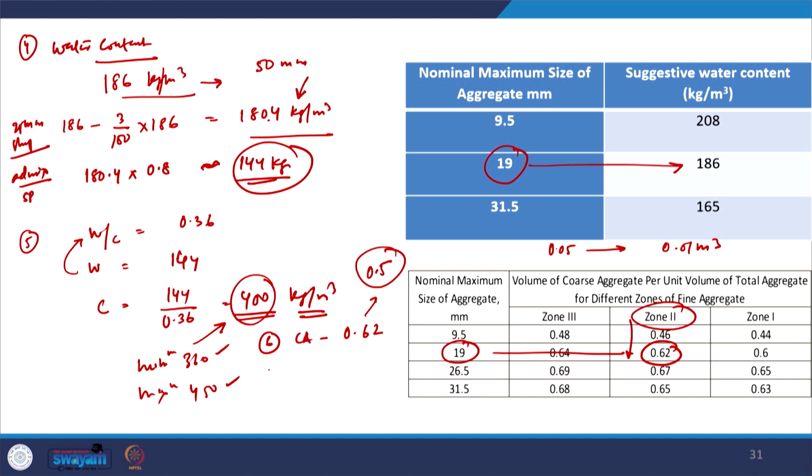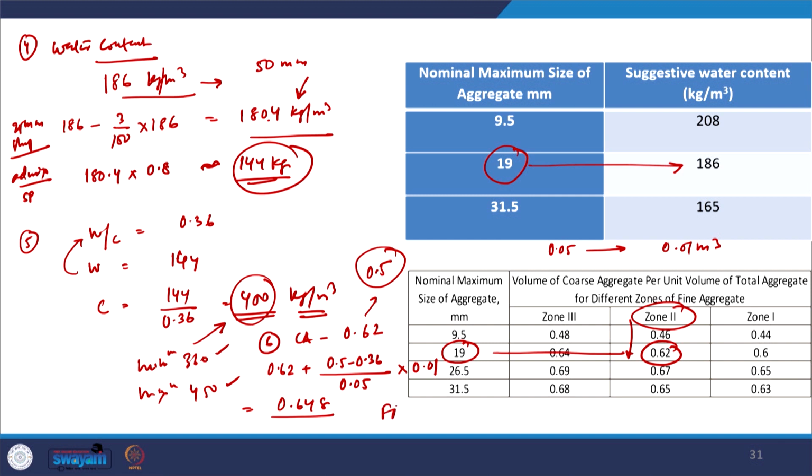So, this will be equal to 0.62 plus (0.5 minus 0.36) divided by 0.05 into 0.01. Okay. So, if we do this calculation, you get the value as 0.648, which means 64.8% by volume of total aggregate will be coarse aggregate.